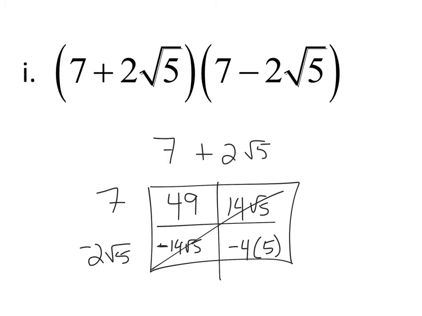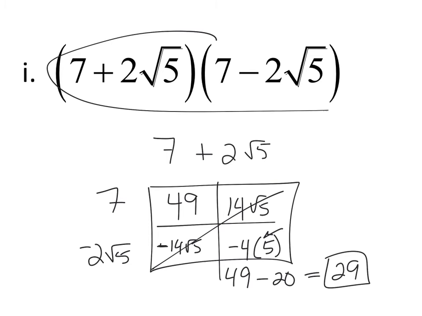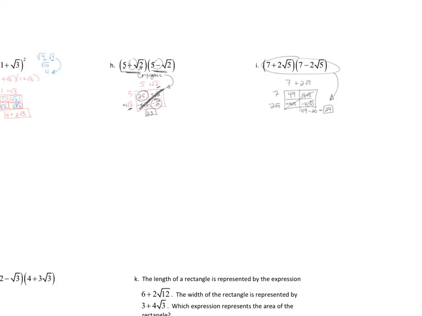Or you can think square root of 25, but the square root of 25 is 5. And then I'm getting 49 minus 20, because 4 times 5 is 20. And then 49 minus 20 is 29. You could actually plug this whole thing into your calculator and get the answer. It'll pop out like that with the correct parentheses and the correct radical, of course.